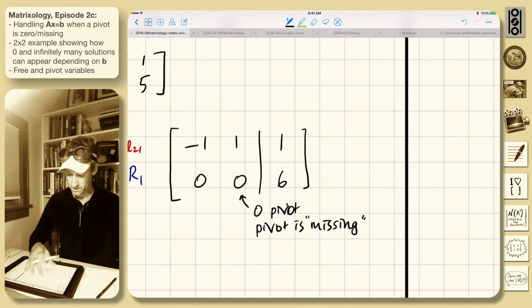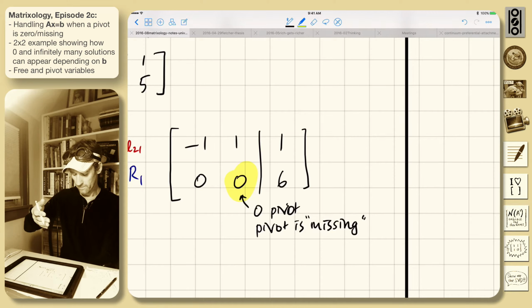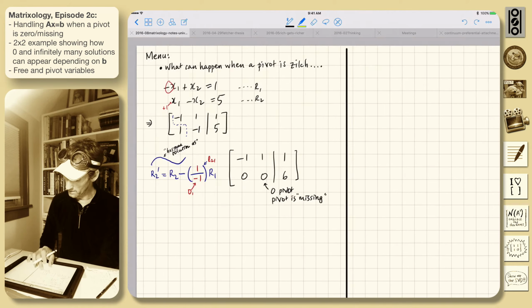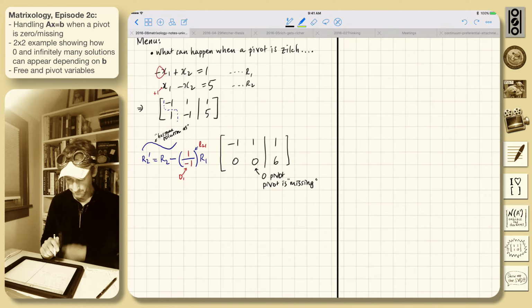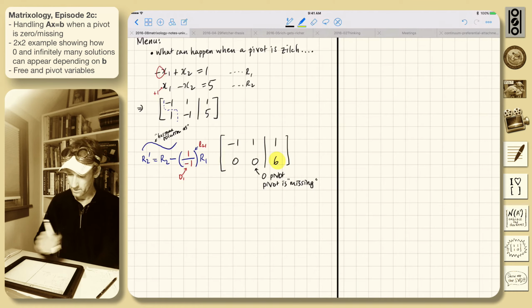We couldn't use this 0 to get rid of that 1, for example. We'd like to do that. And if it was a bigger matrix, we'd like to be able to use this pivot in the second column to wipe out all the other numbers, eliminate them.